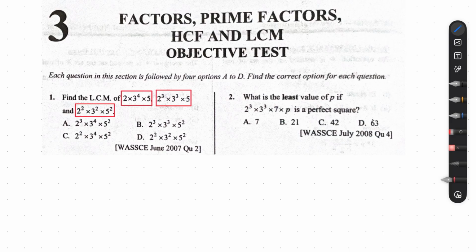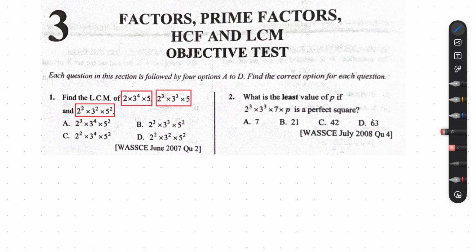So what we can do is find each of the prime factors here, which is 2, 3, and 5. We need to pick the ones that have the highest exponent, because that will help us get the least common multiple. So for each of the prime factors, 2, 3, 5, we look among these three prime factor groups and see which of them has the highest, and then we pick it.